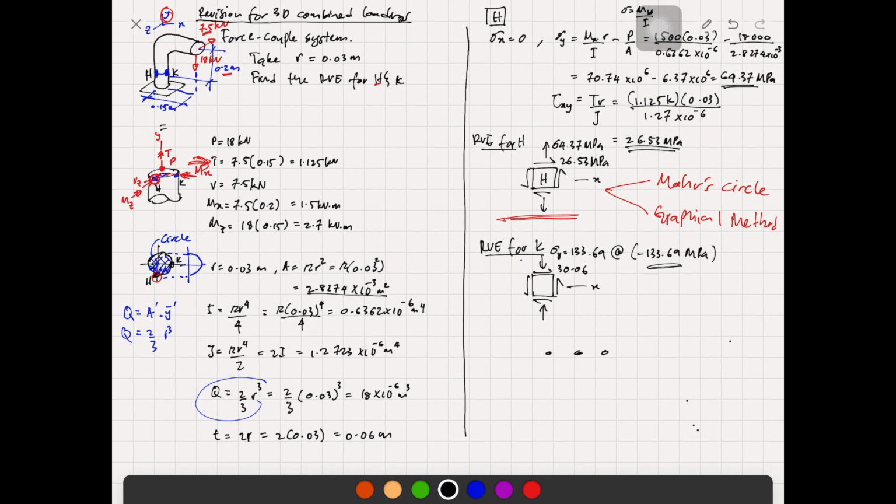So from here, this is the revision for 3D combined loadings, and in the next video we're going to recall a few methods I mentioned already: Mohr's circle, and the graphical method using a protractor and graph paper. You will need them to locate points on a 2-dimensional Cartesian chart.